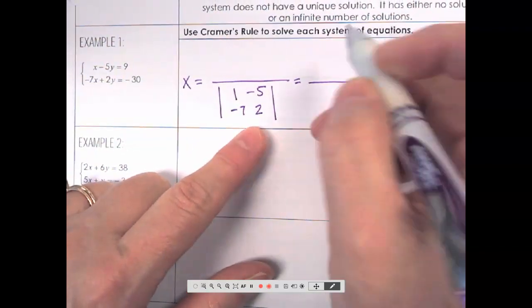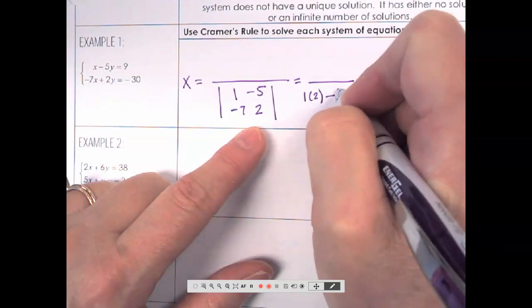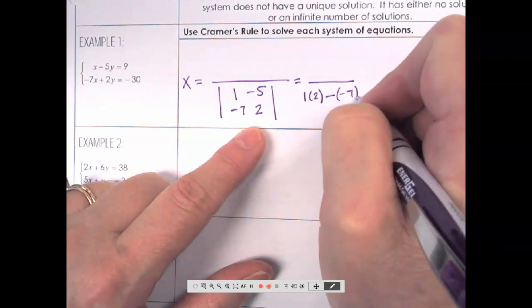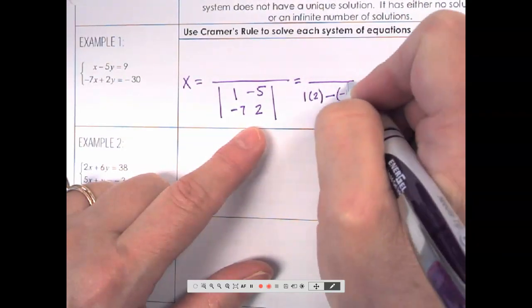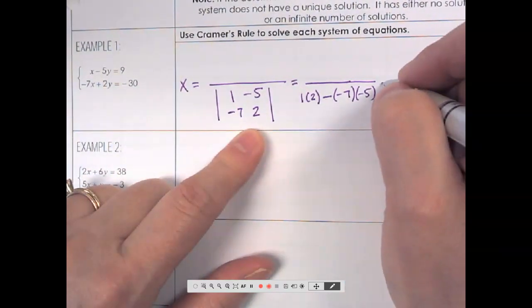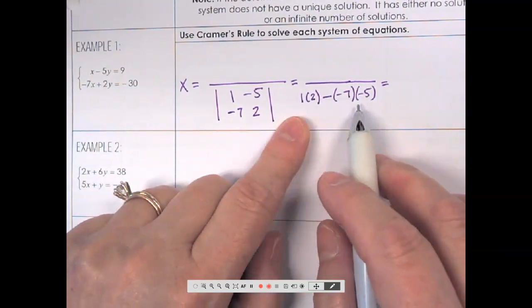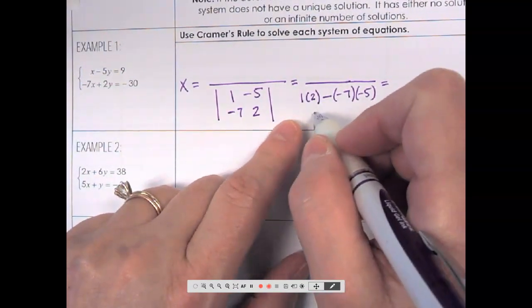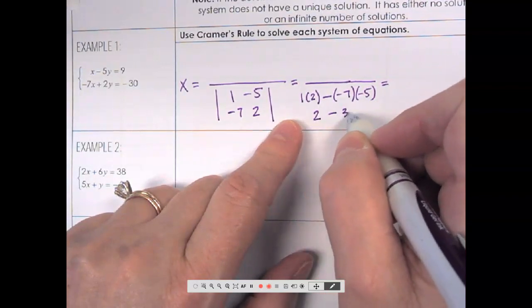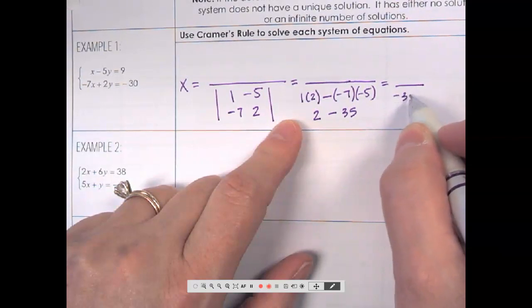So in the denominator, I will have 1 times 2 subtract -7 times -5. That's 2, that's positive 35, so 2 minus 35 is negative 33.